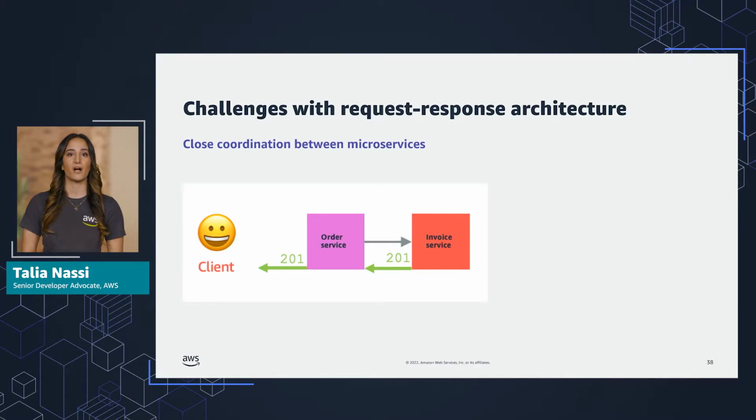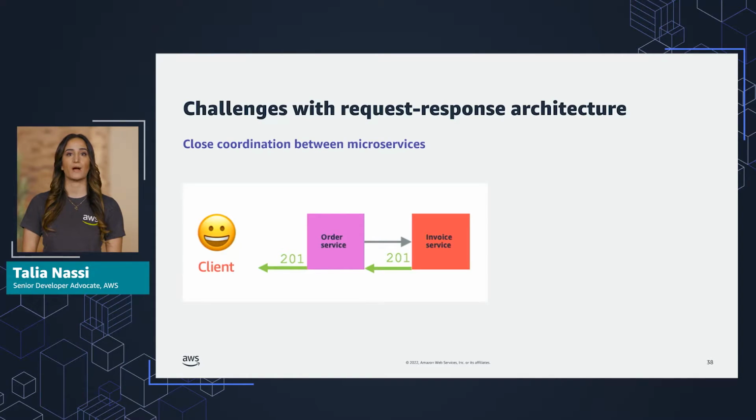In a typical e-commerce application that uses a synchronous API, the client makes a request to place an order, and the order service sends the request downstream to an invoice service. If successful, the order responds with a success message, confirmation number, etc.